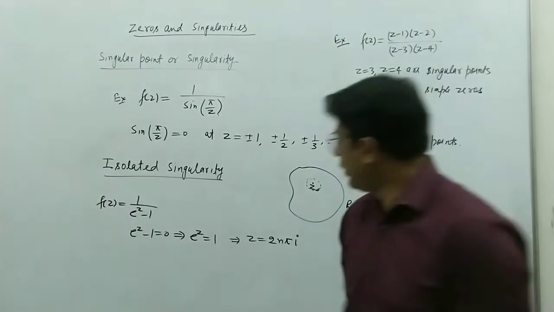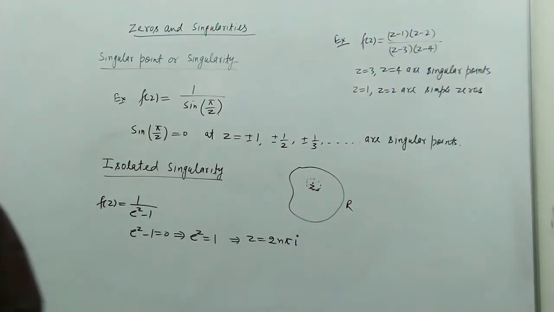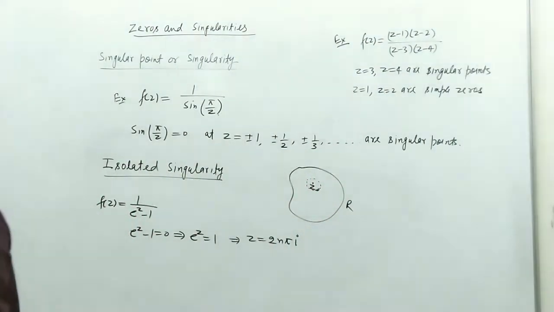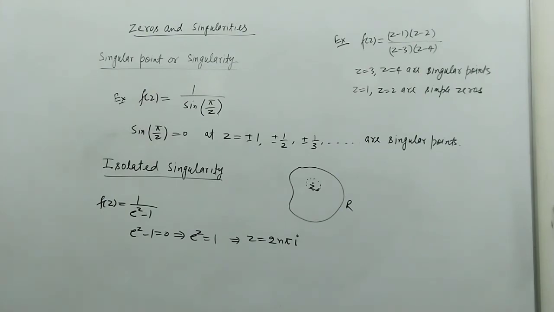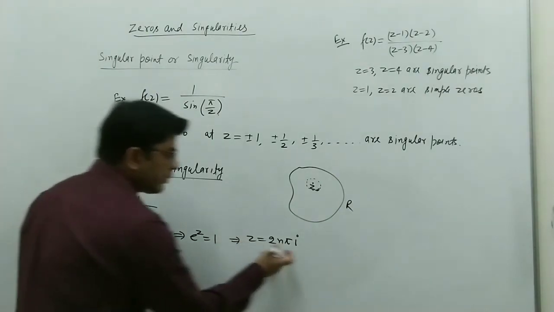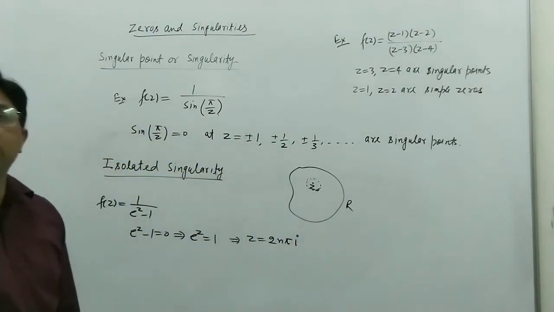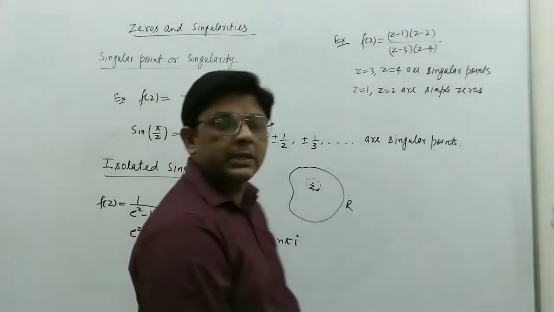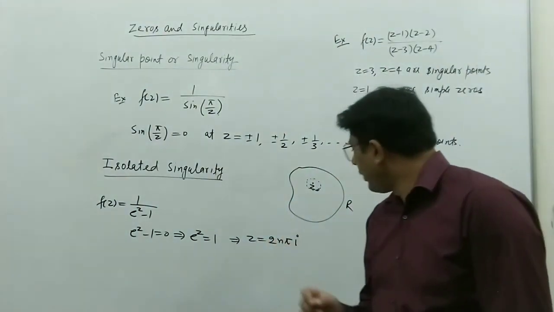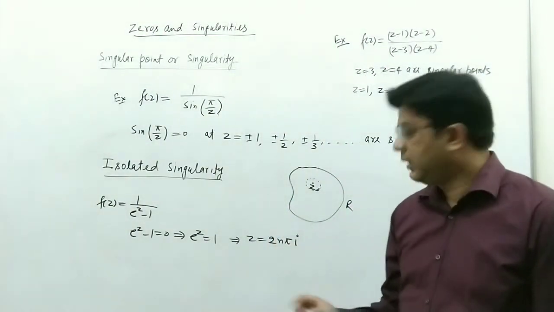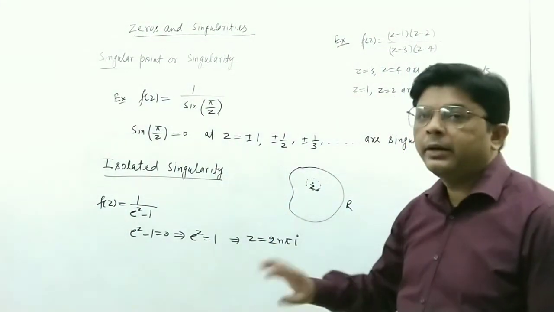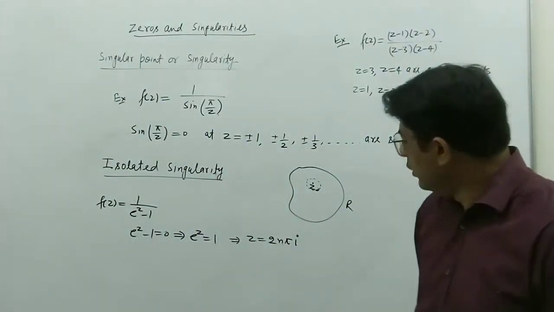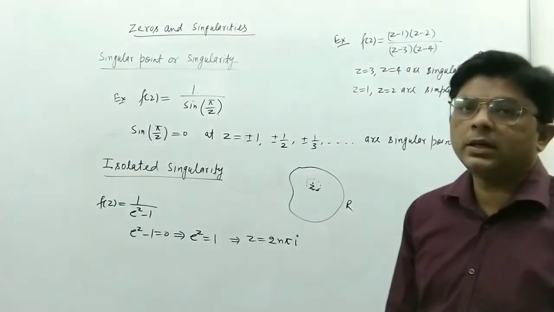So at all these points, this function e^z minus 1 is 0. It means we can say that these points are the singular points of this function f(z). Okay. So we are getting the singular points as 2πi, 4πi, 6πi if we put the values of n. Similarly, we can put the negative values also.